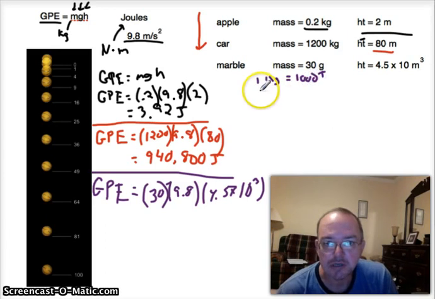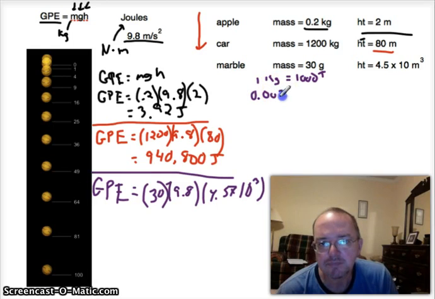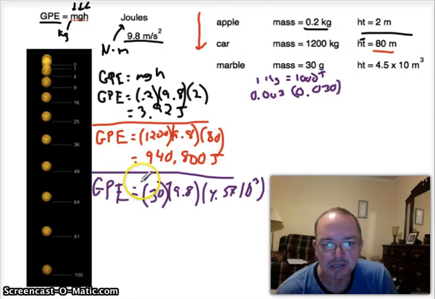So if 1 kilogram equals 1,000 grams, then that means it is 0.003? Is that right? 1, 2, 3, no, it's not. So it'd be 0.030. Yeah, 0.030. So instead of multiplying by 30, it would be multiplying times 0.03.